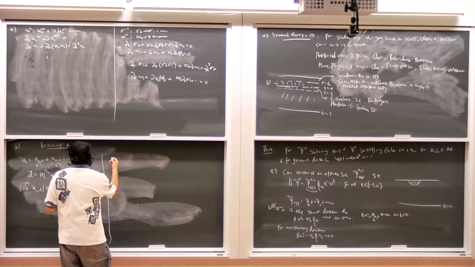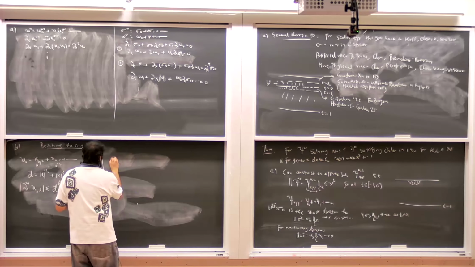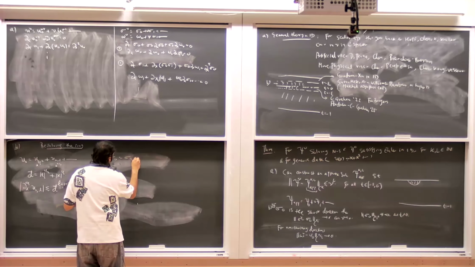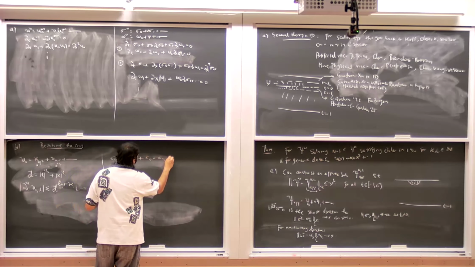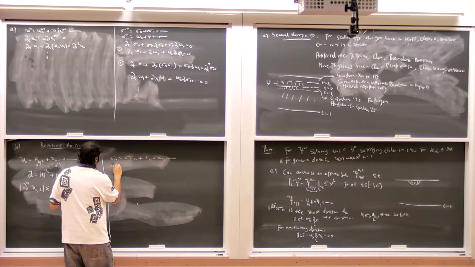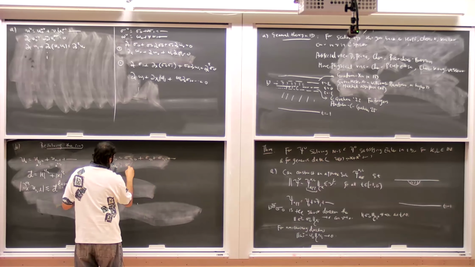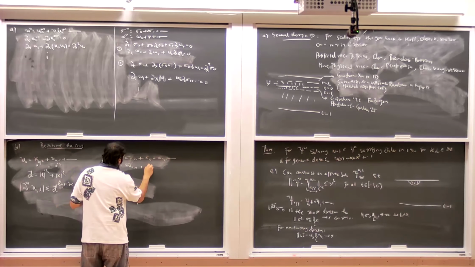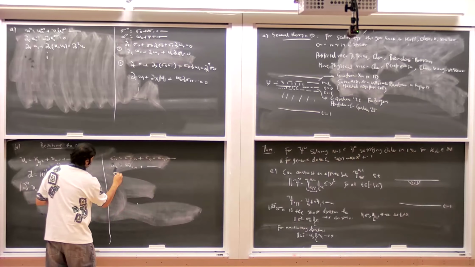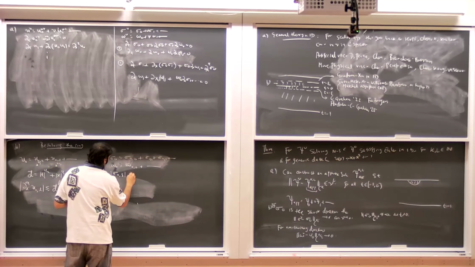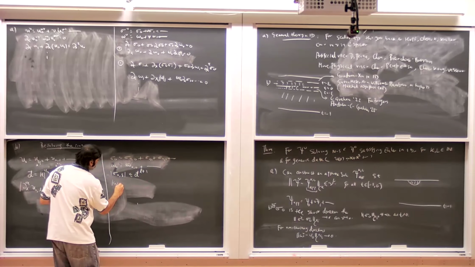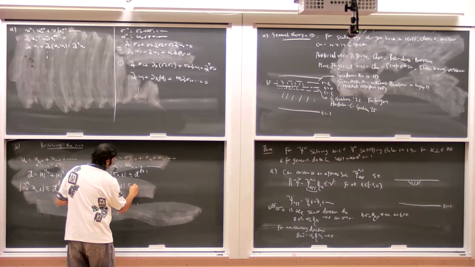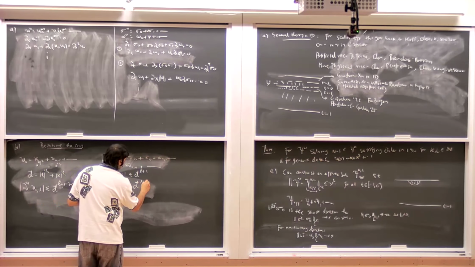In fact, you can do the same for sigma 0 and omega 0. Where sigma 0L is again bounded by d to the power L plus 1, but omega 0L is actually bounded by d to the power L plus 4.